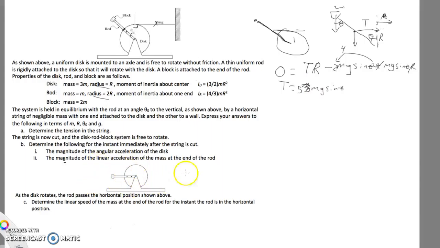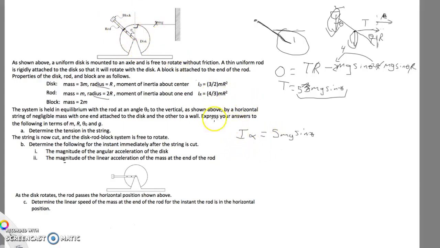Okay, so anyway, for this system here, now it's in accelerated motion, so I alpha equals, and then the two torques now are just from these two forces, the weight. So we have basically this amount right here, the 5 mg sine theta. And now, to solve for alpha to answer part 1 here, I would be the combined moment of inertia of this system, because the weight of the rod and the block is causing everything to rotate.